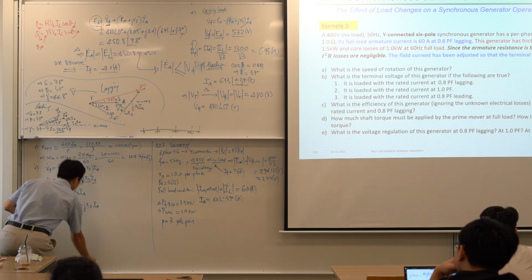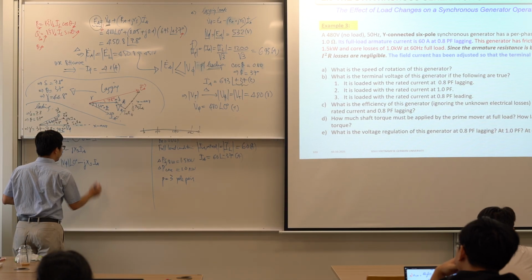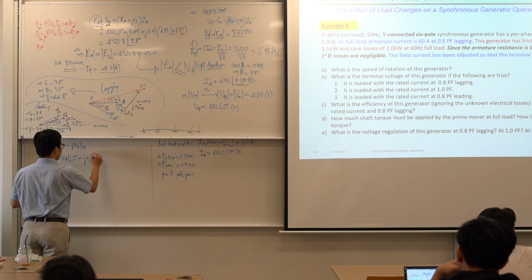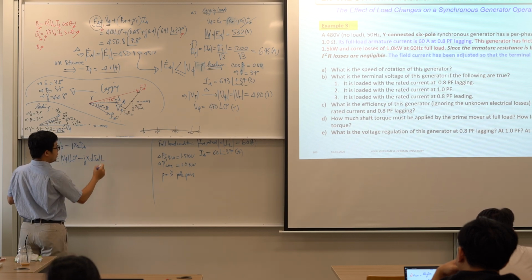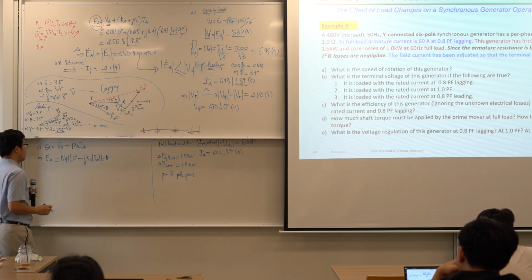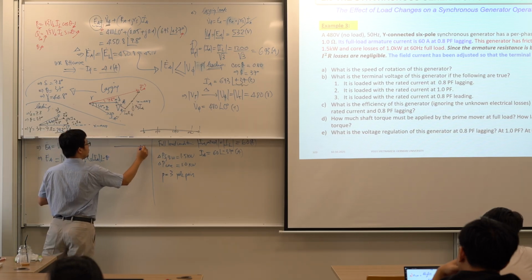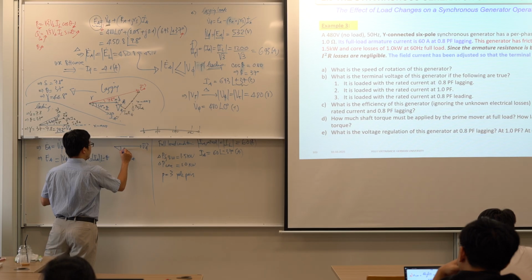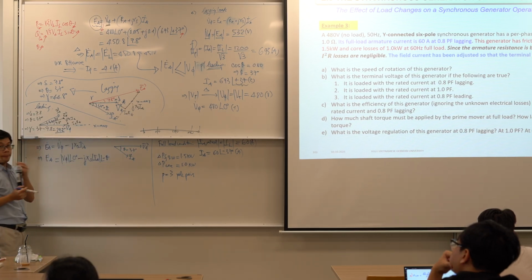We modify it a little bit. We can get minus theta, because here is V phase, here is IA and theta. Theta is 37 degrees, right?